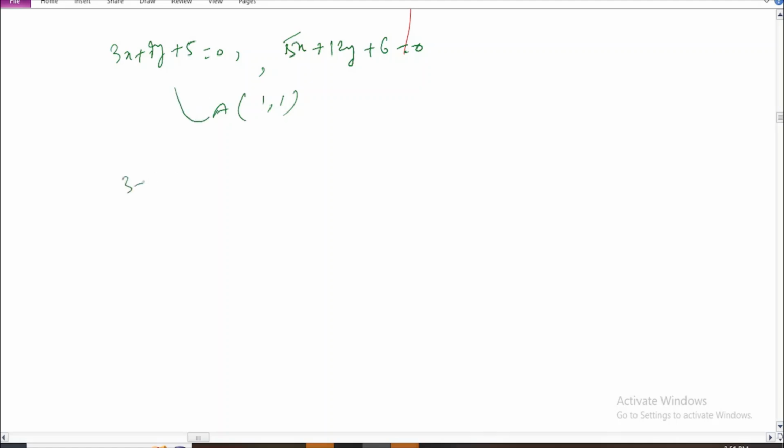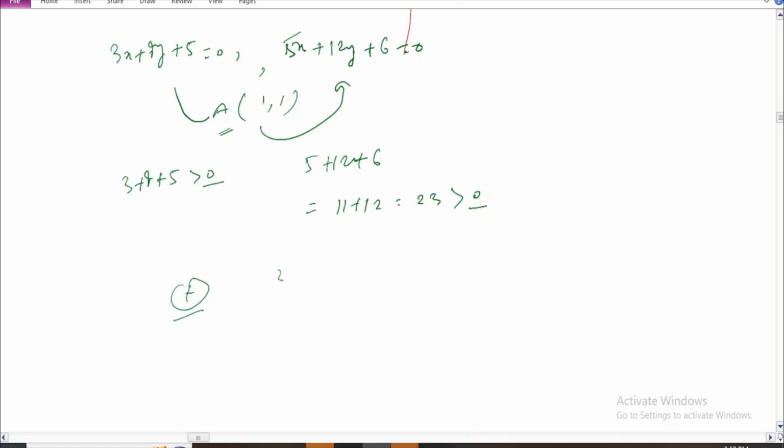Clearly 3 + 4 + 5 is positive, and putting the point (1, 1) in the other line, 5 + 12 + 6 is clearly positive as well. Positive means the positive sign will give us the angle bisector containing the point.